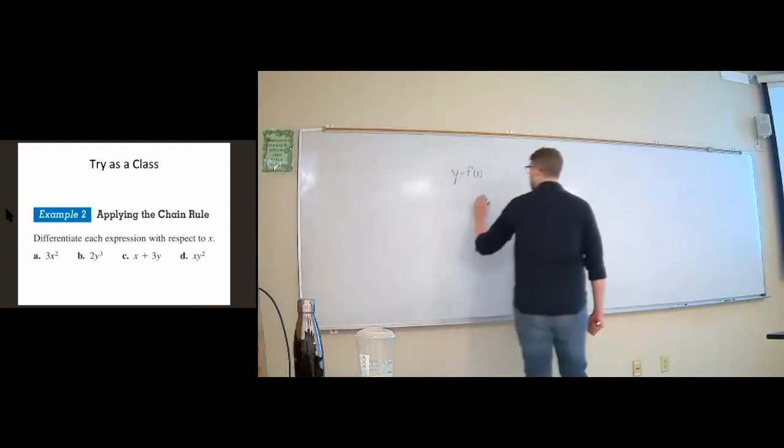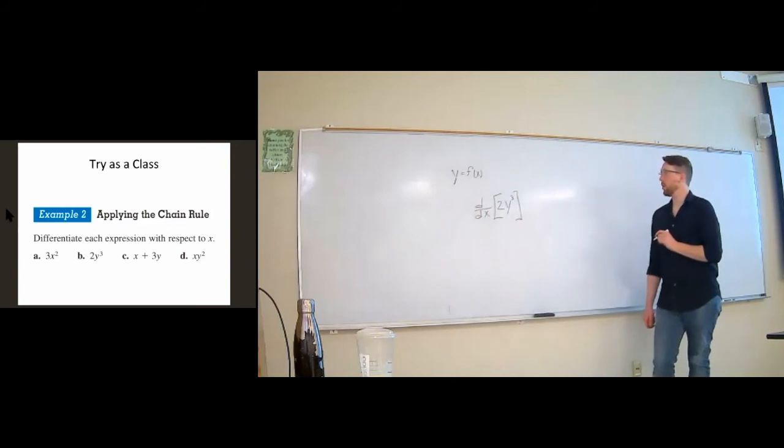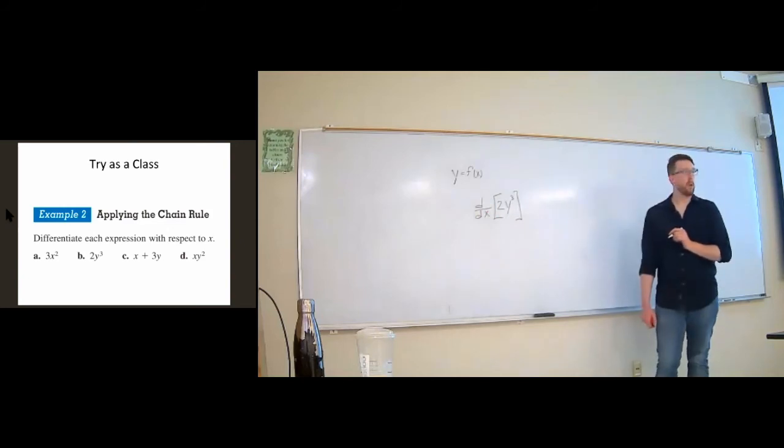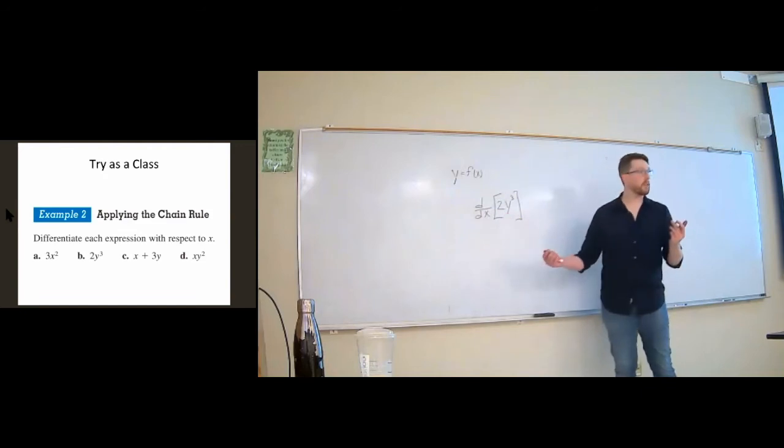So if we take the derivative with respect to x of 2y cubed, then what we should get is something that uses the chain rule.